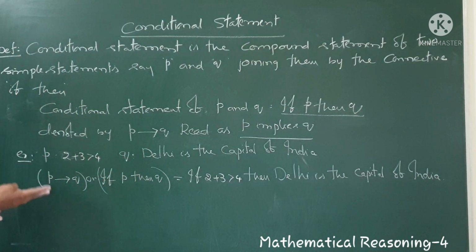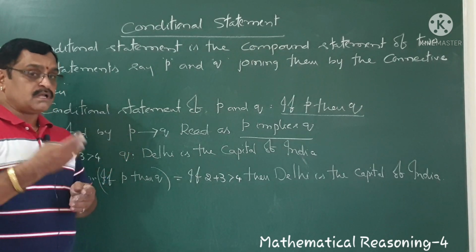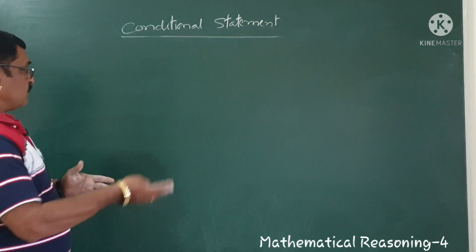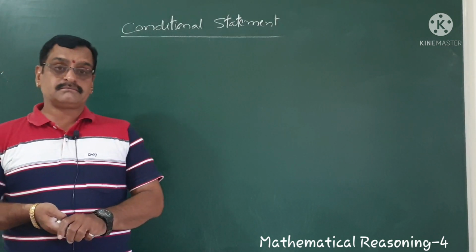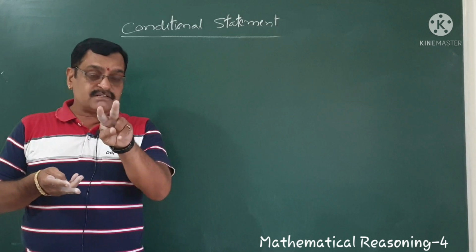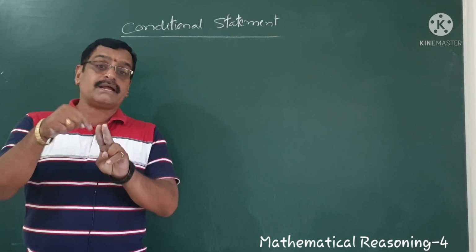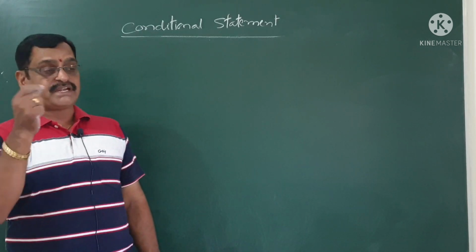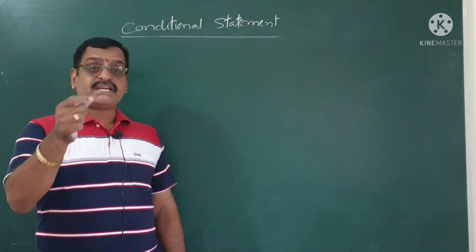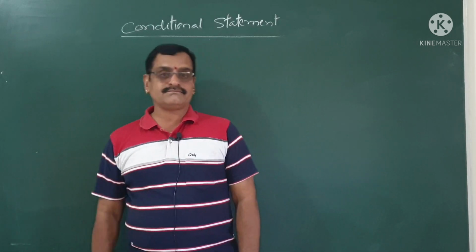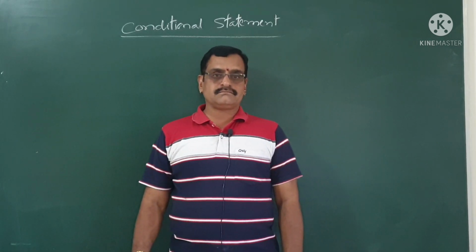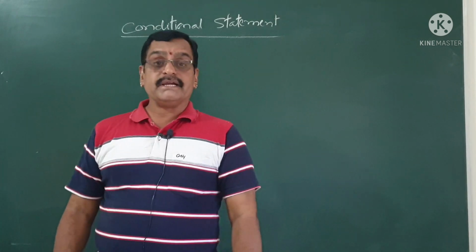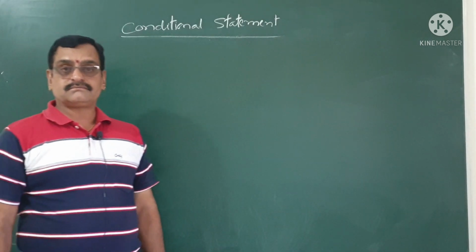We will discuss the truth value and truth table of this statement by discussing some more examples. We can get a conditional statement of any two statements, even if they don't have a direct relation. For example, P is the statement: in China, rainfall is more this year. The second statement is: the yield of the crop is good in India.